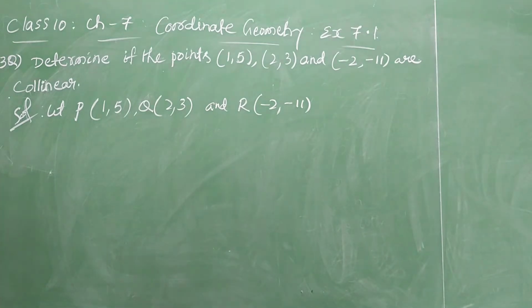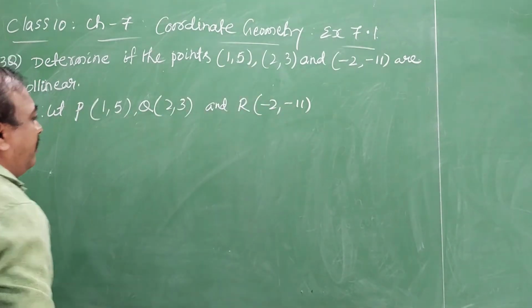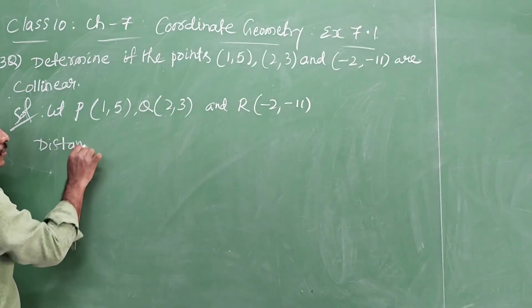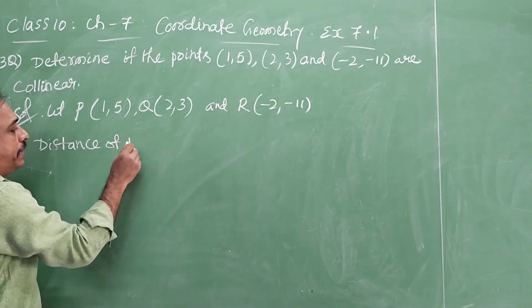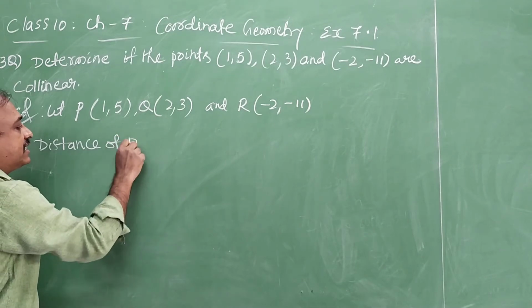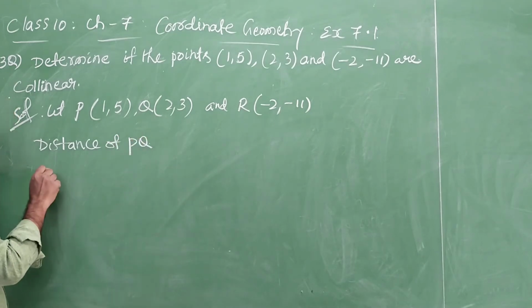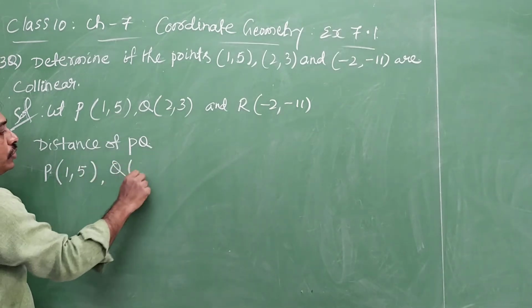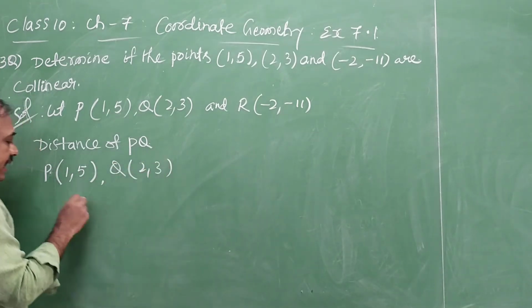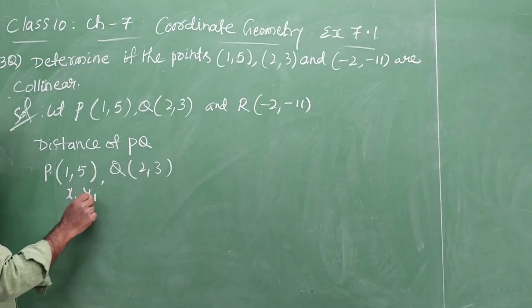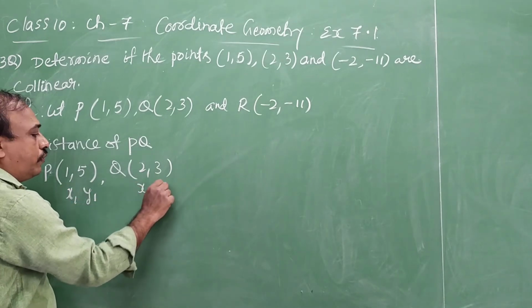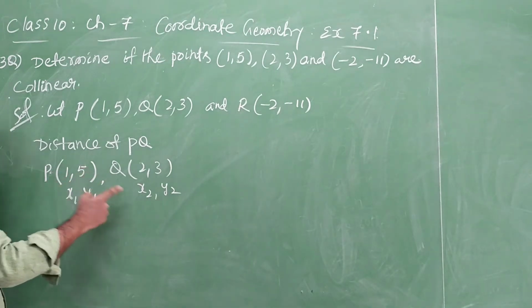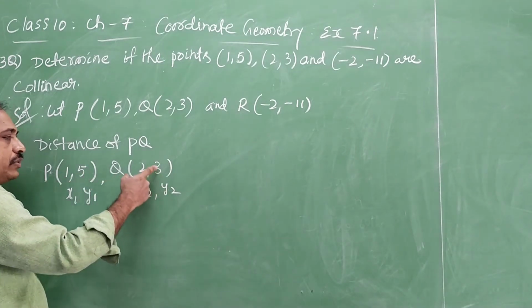First we will find the distance of PQ. P is (1, 5), Q is (2, 3), so x1 is 1, y1 is 5, x2 is 2, y2 is 3.